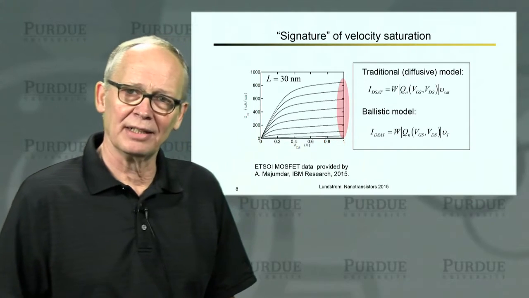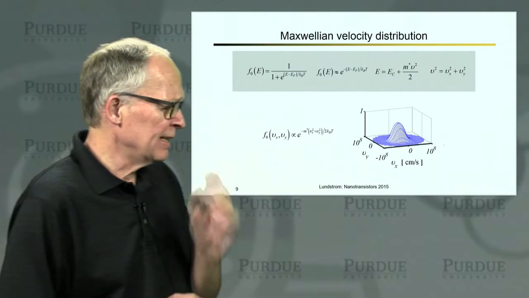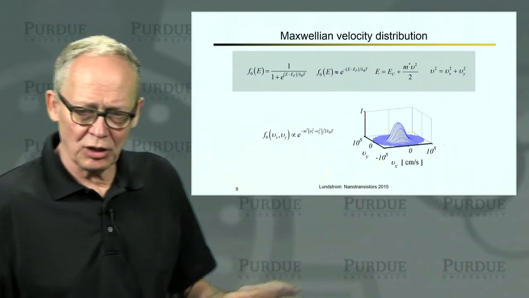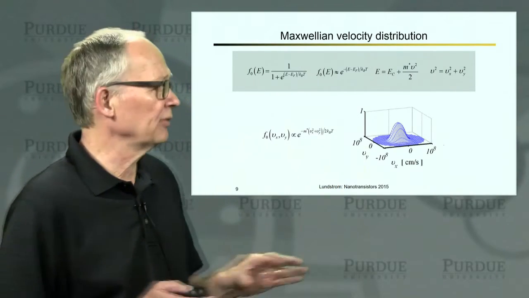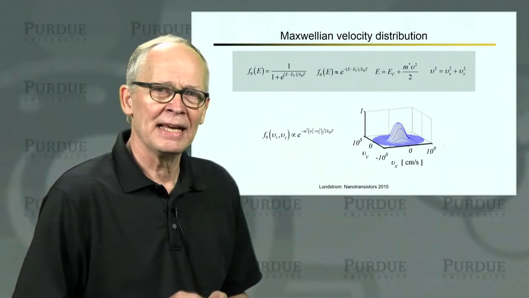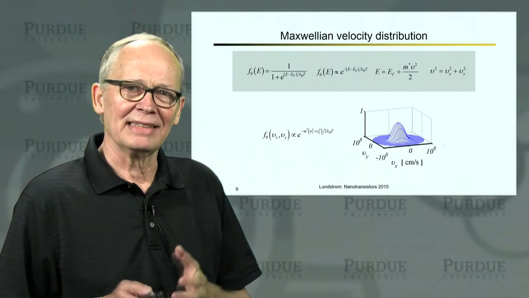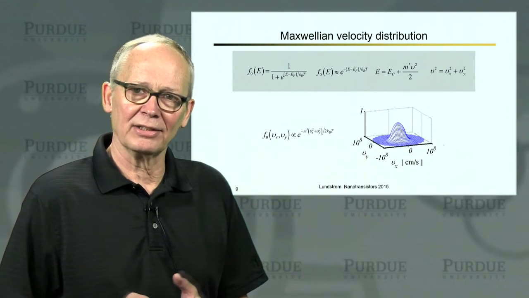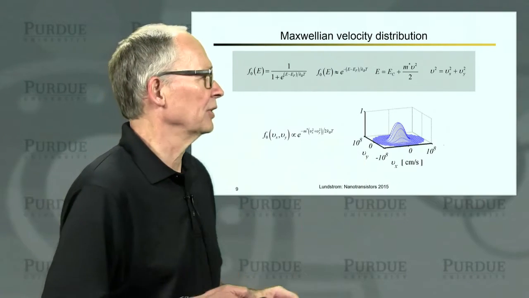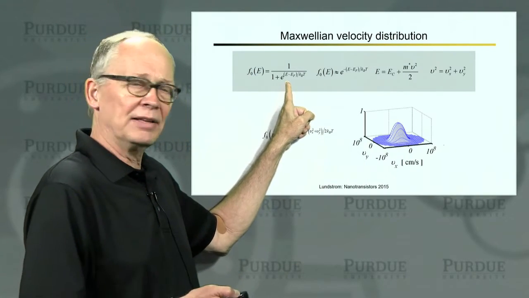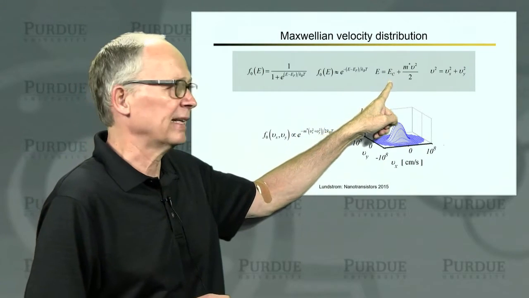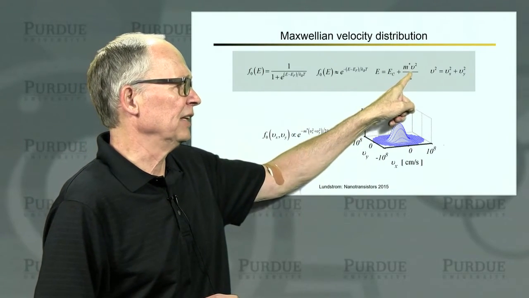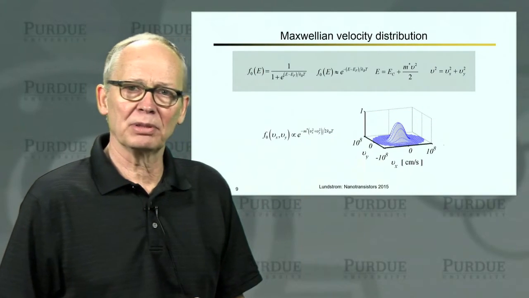So let's see if we can understand this a little bit. And to do that, we've talked about how the electrons are distributed in velocity space briefly. Let me just remind you of that. If I assume non-degenerate or Maxwellian carrier statistics just to make life easy for us, then we can simplify the Fermi function into an exponential. If we assume parabolic energy bands, then V squared is going to be Vx squared plus Vy squared.